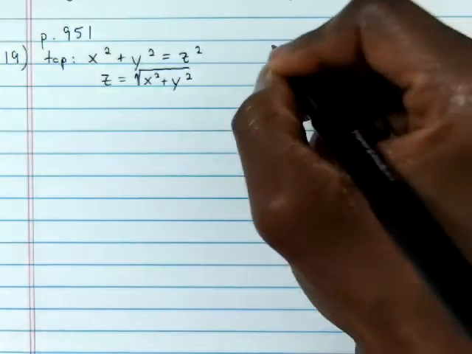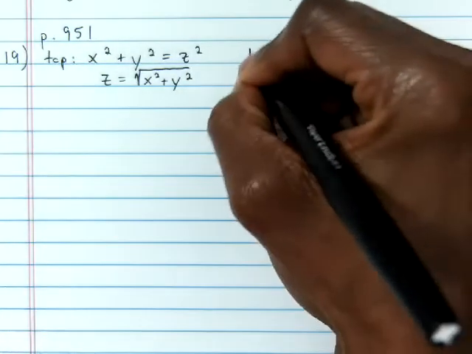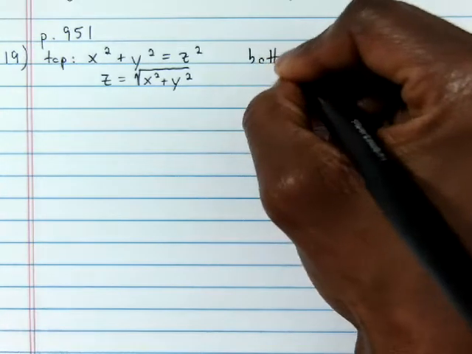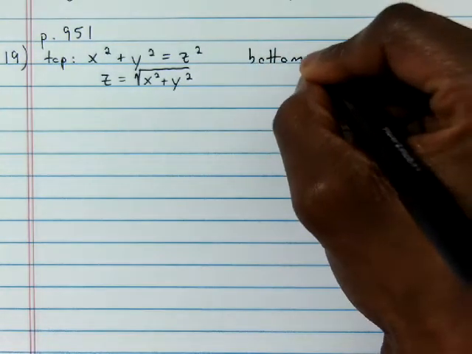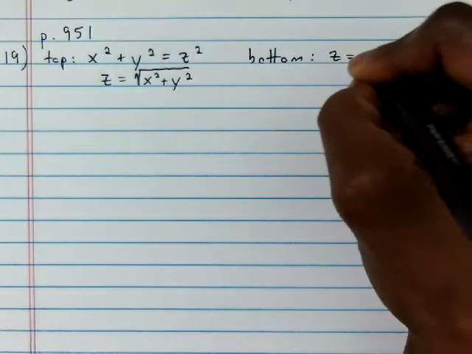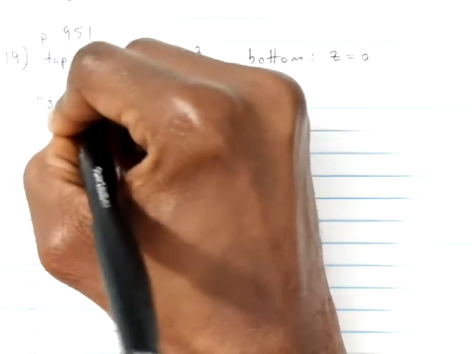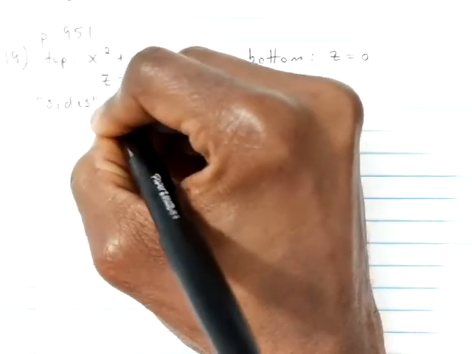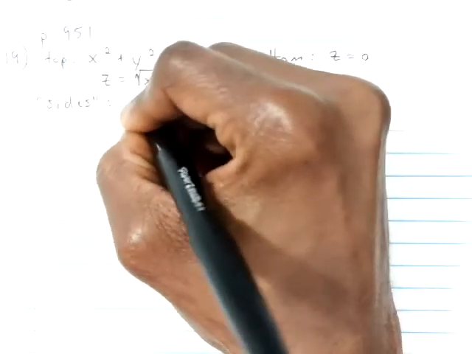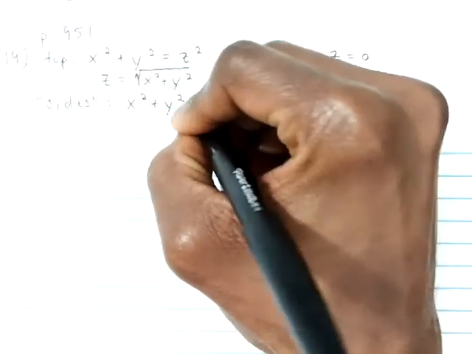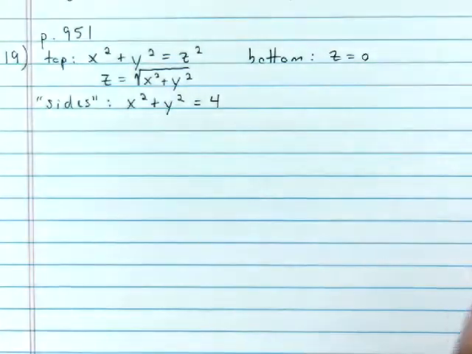And our bottom was the xy plane, z equals 0, and our sides, the cylinder, x squared plus y squared equals 4.